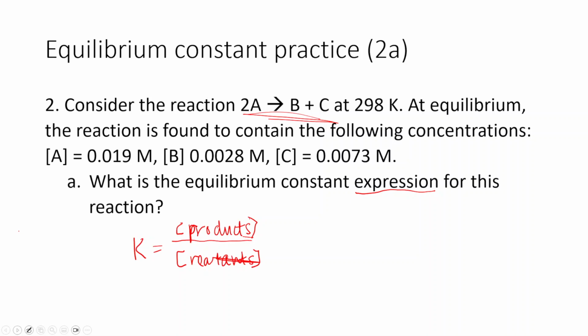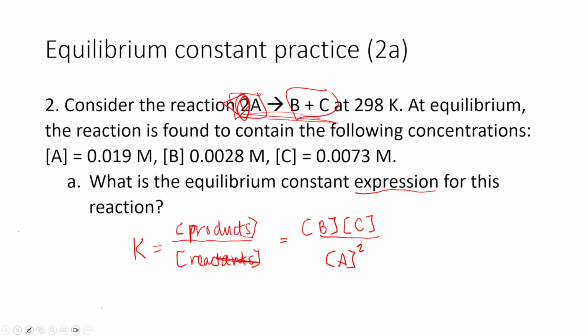So our products are B and C, so concentration of B times concentration of C. Our reactants go in the denominator, and that's 2A. When you're calculating K, you use the power of the coefficient, so it's A squared. If you just had 1A, it would just be concentration of A. If you had 3A, it would be A cubed. Any questions about the equilibrium constant expression?